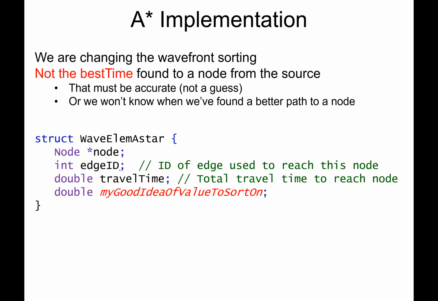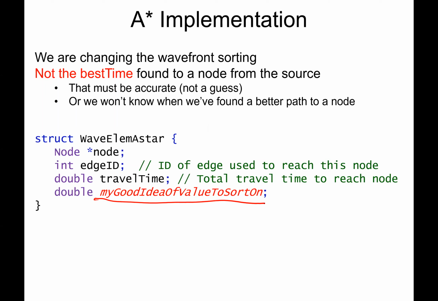We are storing the travel time, that is essentially the known travel time that we've used to get to this node. That's so we can see if we found a better path to this node than we had before, when we compared this travel time to the best time that was on the node. And we've now added one more data element, which is just something that we're sorting on.